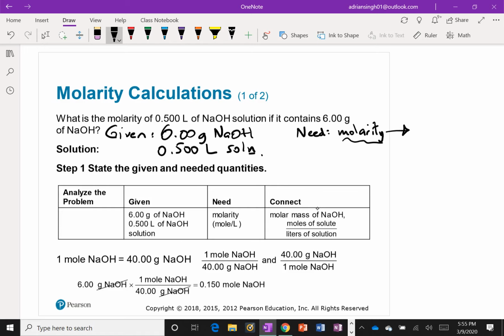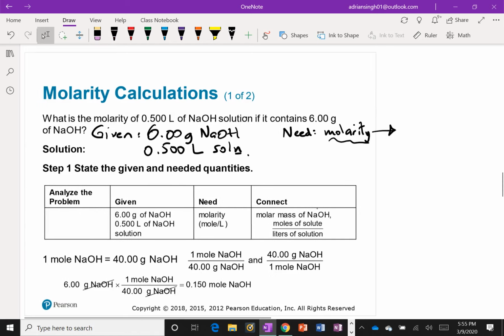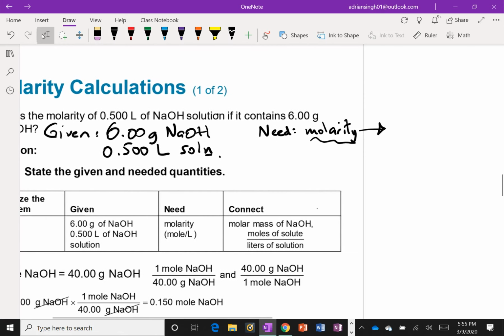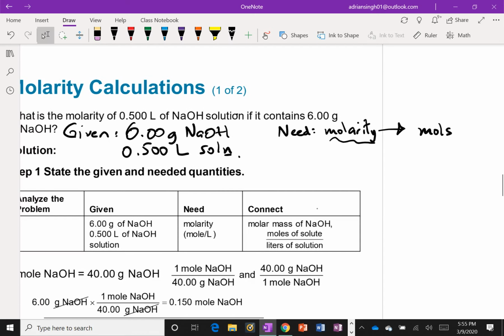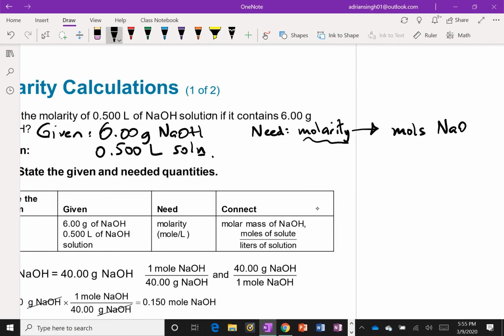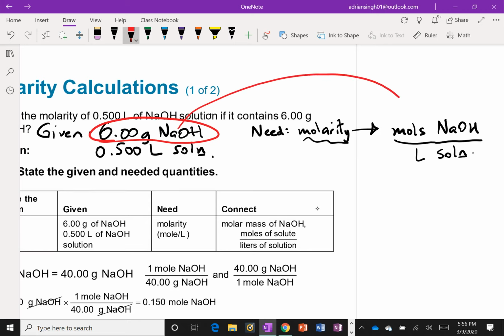Molarity, what does that mean again? Moles of solute. What's the solute in this case? The solute here is the sodium hydroxide, NaOH, divided by the liters of solution. Are we given moles of the solute? No. We're given grams of sodium hydroxide. Can you convert grams to moles?